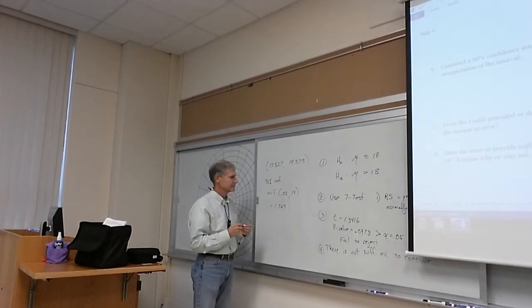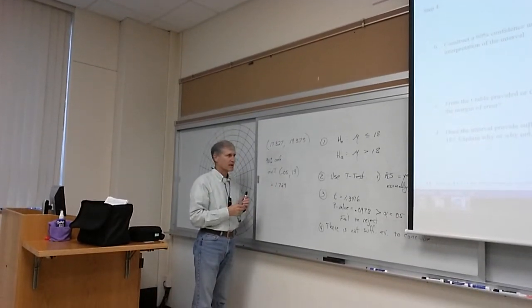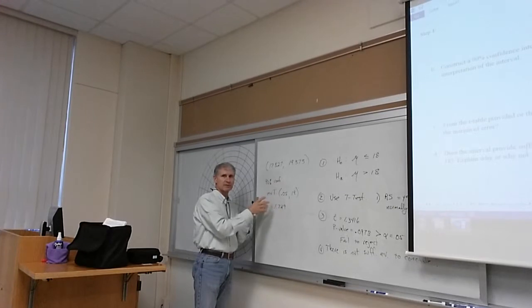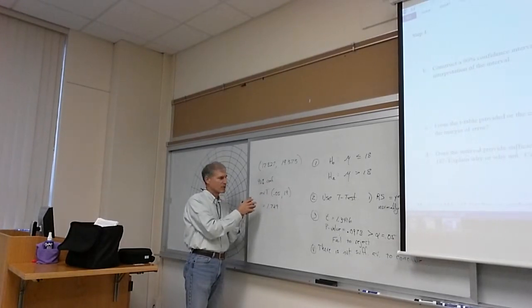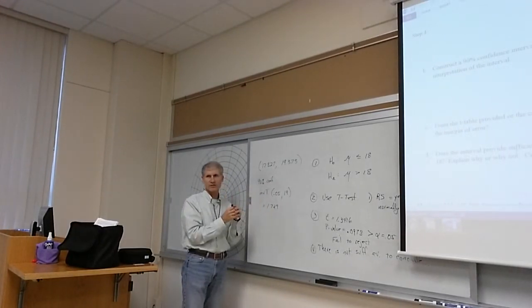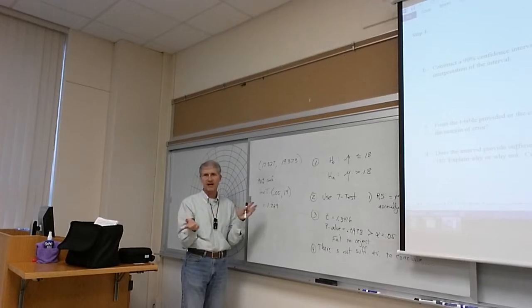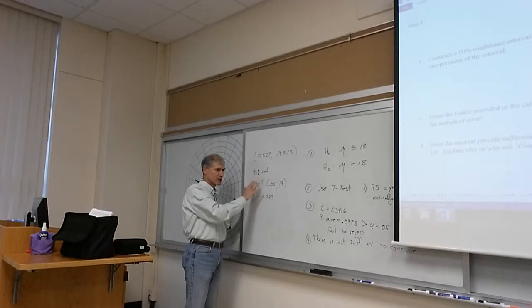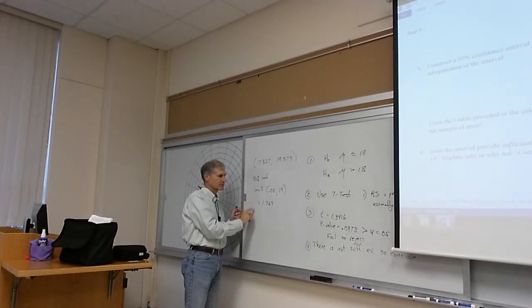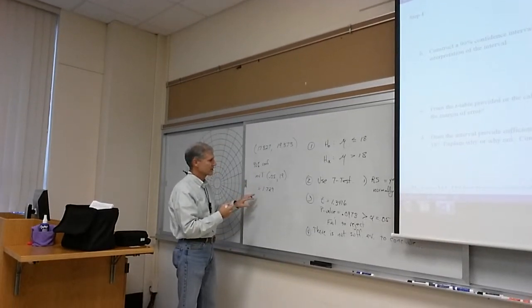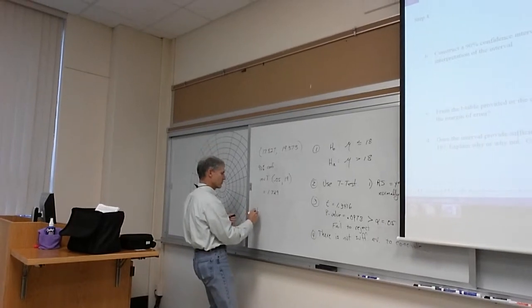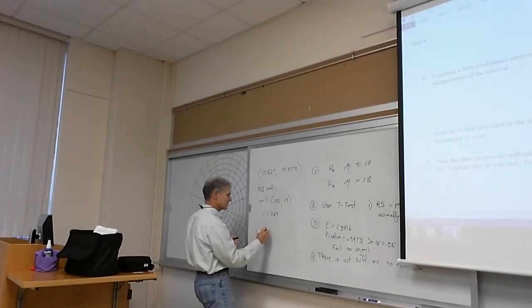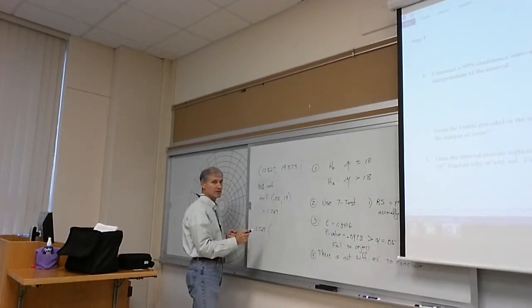1.729. Right? I will have t-tables available during the test. I won't bring one for everybody because usually 3/4 of you have it on your calculator and you don't need it. But if you don't, then don't worry. You'll still be able to come up with the t-critical value. So then the margin of error is 1.729 times the standard error.